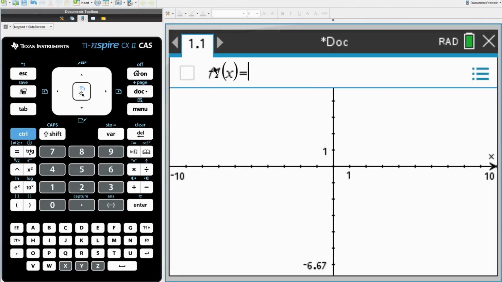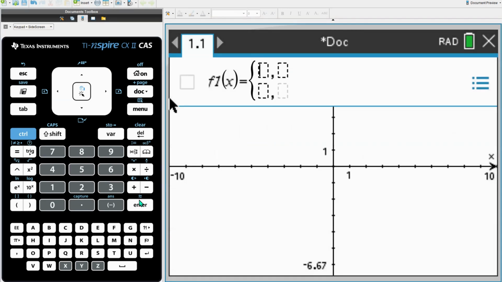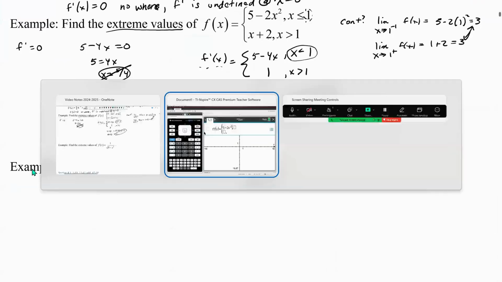I'm going to add a graph. I am going to go to this menu called the templates menu. I'm going to go up to the top row where they give me a chance to write a piecewise function. And that piecewise function, as we said before, is 5 minus 2x squared. Just double check that. Yeah.